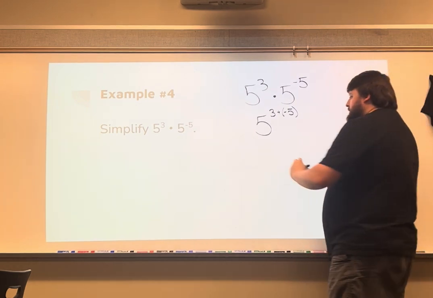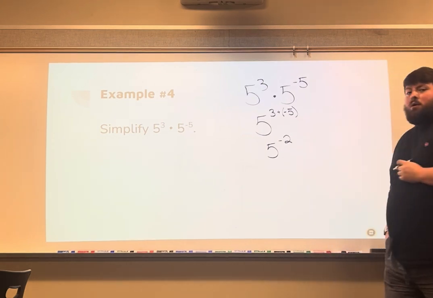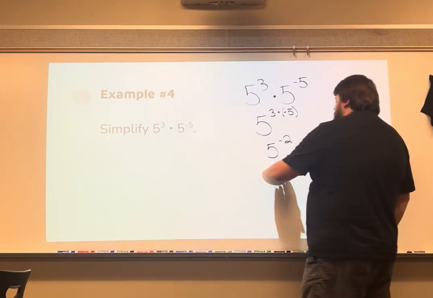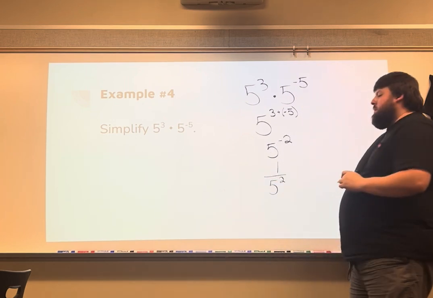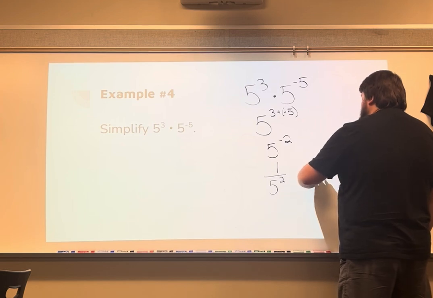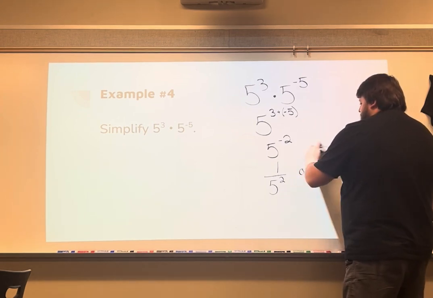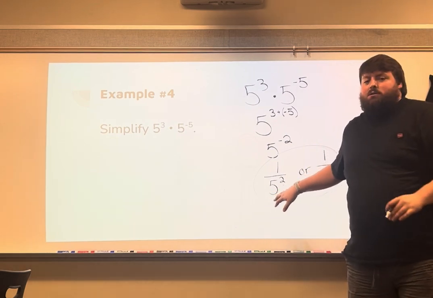That ends up being 5 to the negative second, which we know is 1 over 5 squared. Or if you want to square that 5, we could call it 1 over 25. I accept either of these answers.